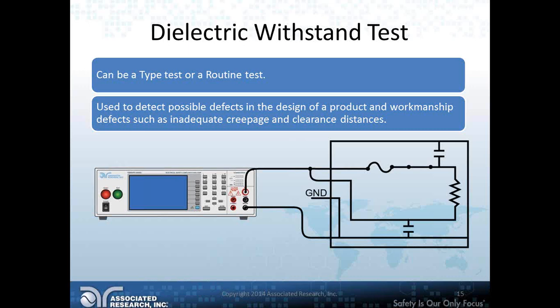When a product is operated under normal conditions, environmental factors such as humidity, dirt, vibration, shock, and other contaminants can close these small gaps and allow current to flow. This can create a shock hazard if the defects are not corrected at the factory. And no other test can uncover this type of defect as well as the dielectric voltage withstand test.